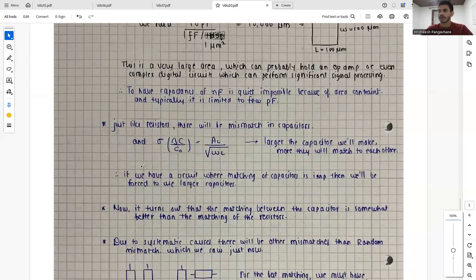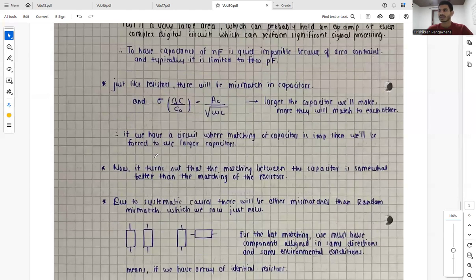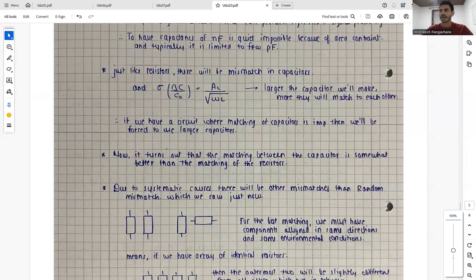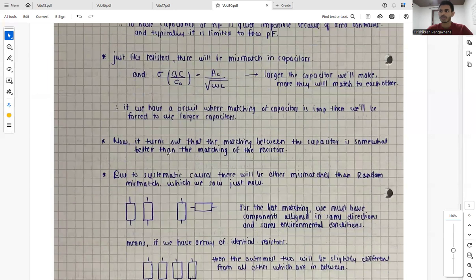And if we have a circuit where matching of capacitors is important, then we will be forced to use larger capacitors. It turns out that the matching between capacitors is somewhat better than the matching of resistors. And now let's talk about other causes of mismatch.